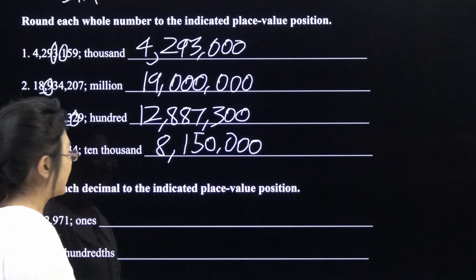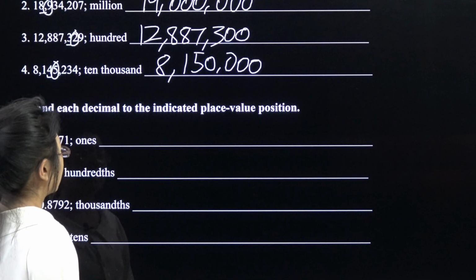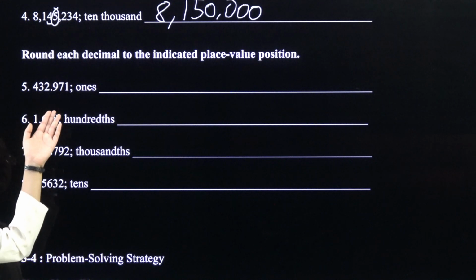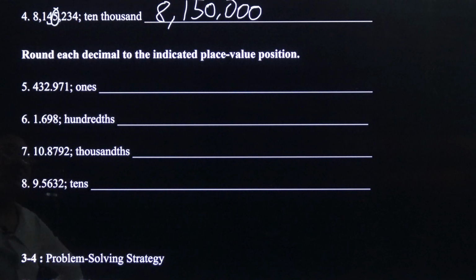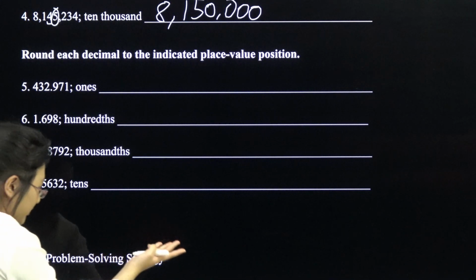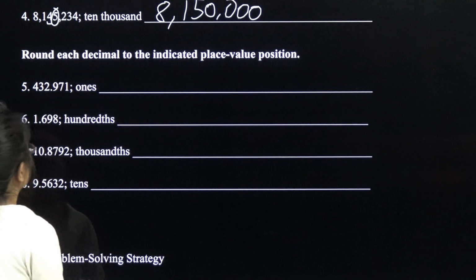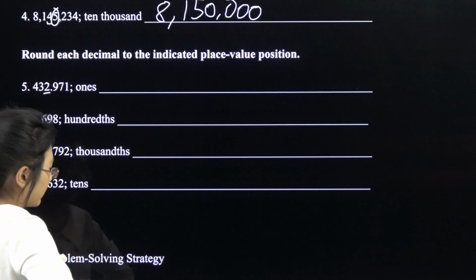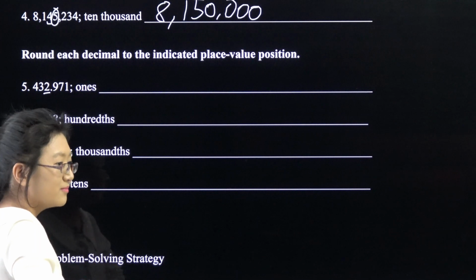Now we move on to the decimals. Round each decimal to the indicated place value position. We have here ones. Now we know that the ones is, well, not to the right of the decimal place. So what do we do? Well, we just do it like normal.